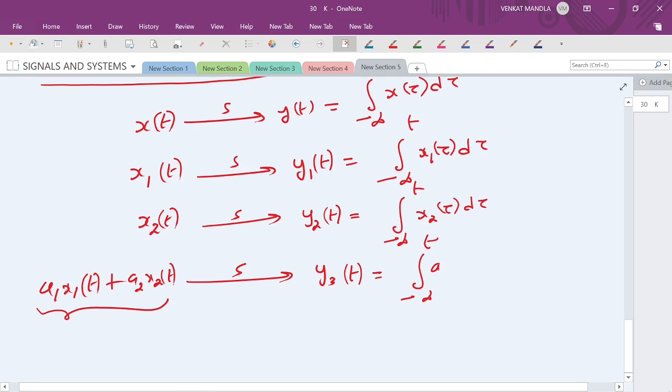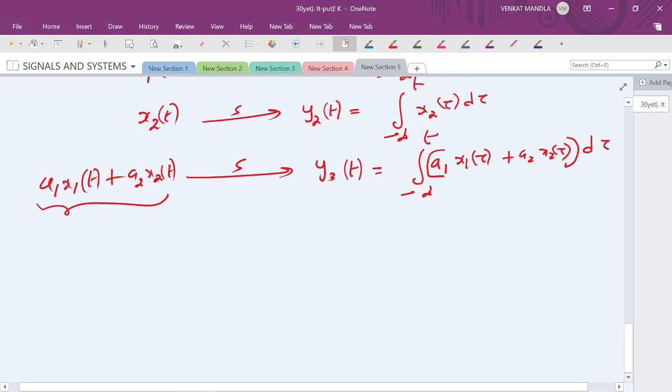So a1 x1(tau) plus a2 x2(tau) d tau. Now I will expand this, because of the integration property, into the integral of a1 x1(tau) d tau plus the integral of a2 x2(tau) d tau.